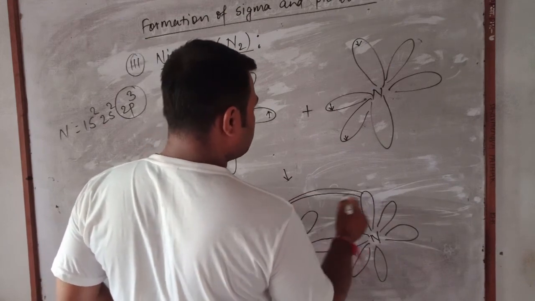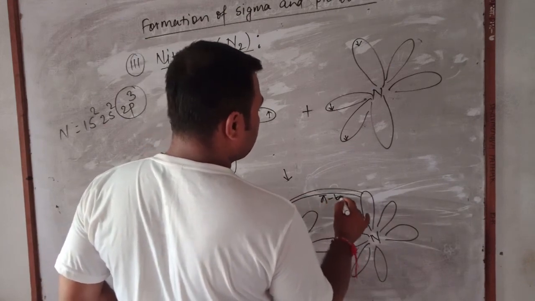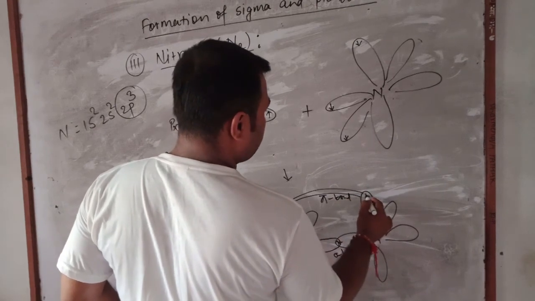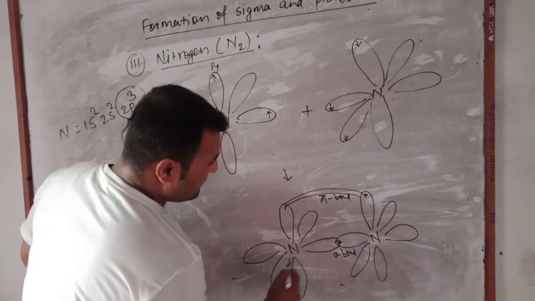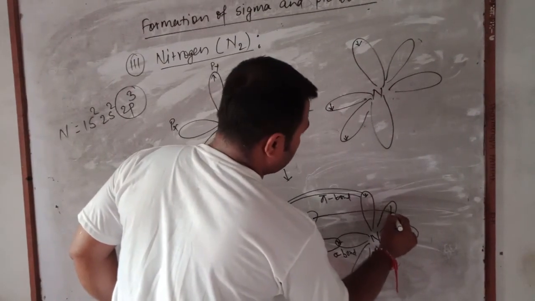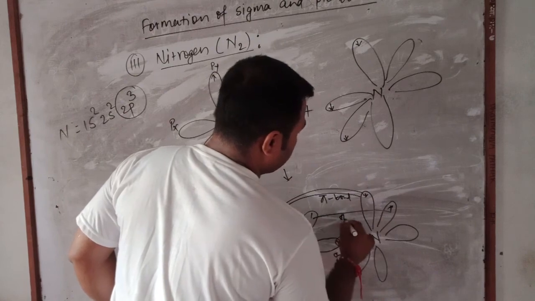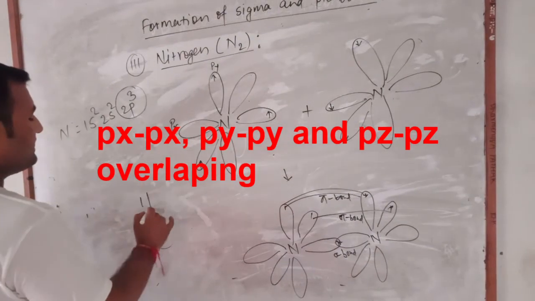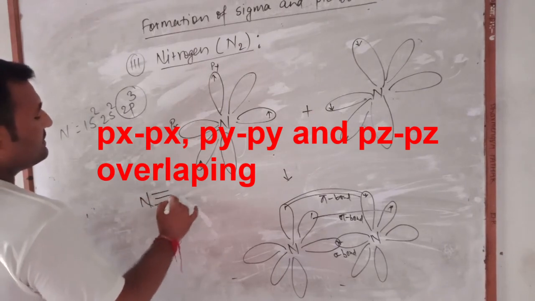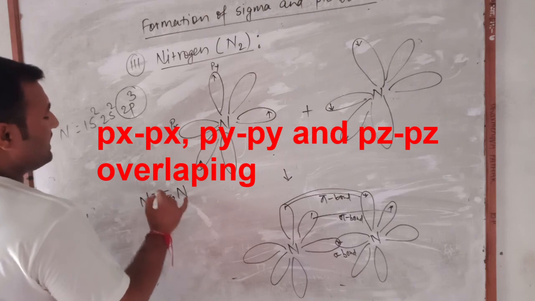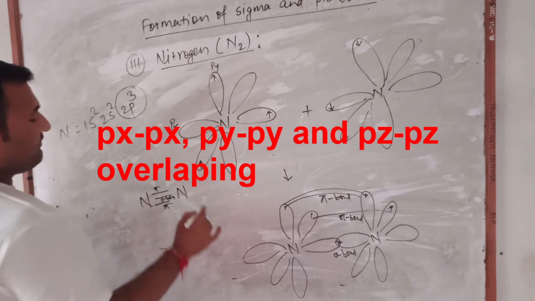When py fuses, a pi bond is formed. When pz fuses, it also forms a pi bond. And in this way we find that in a nitrogen molecule three bonds exist. One is a sigma bond and two are pi bonds.